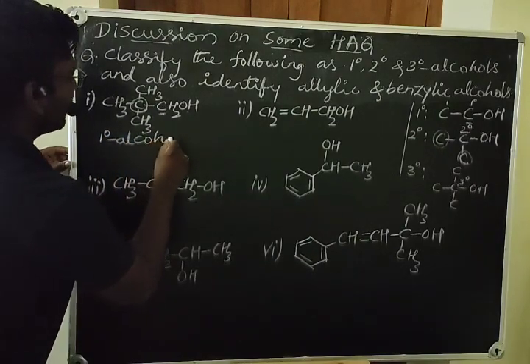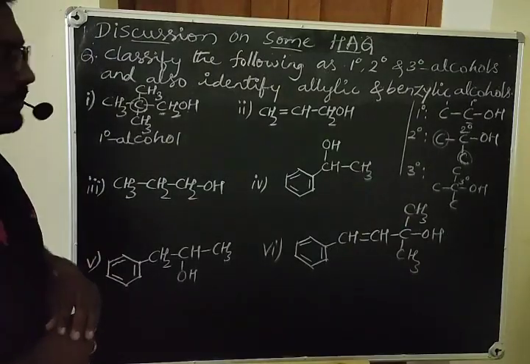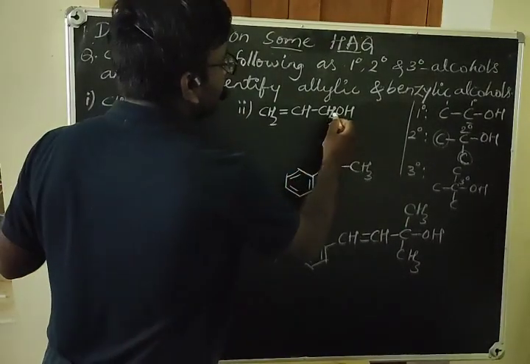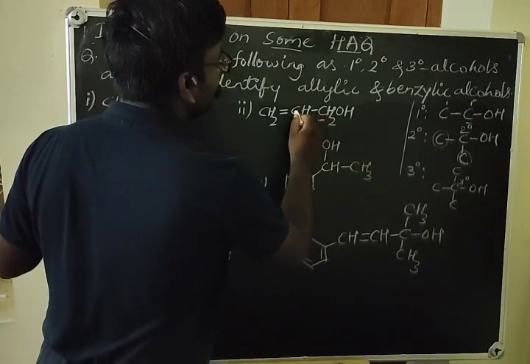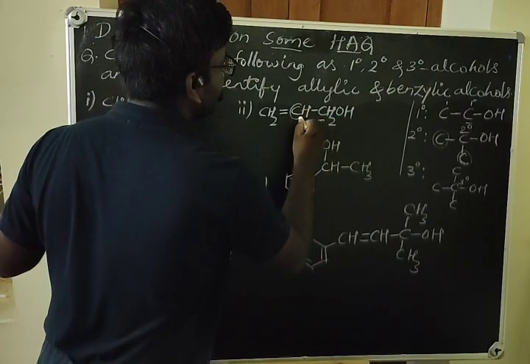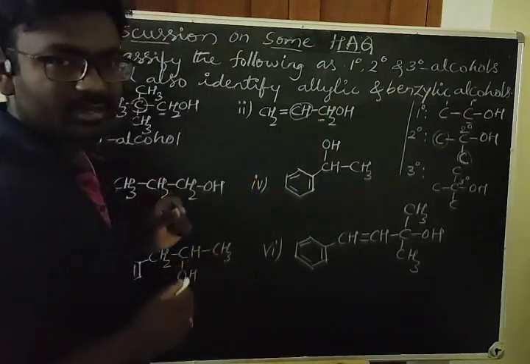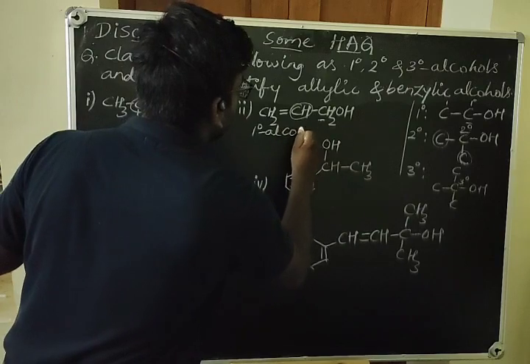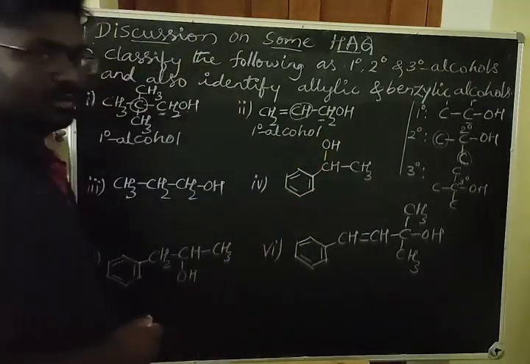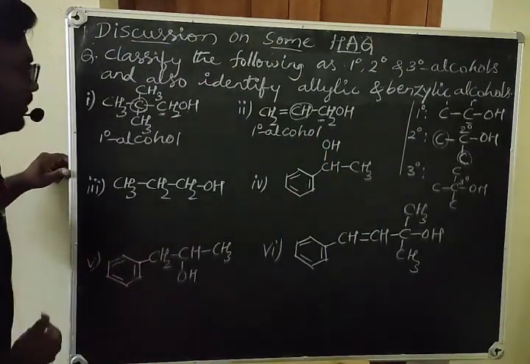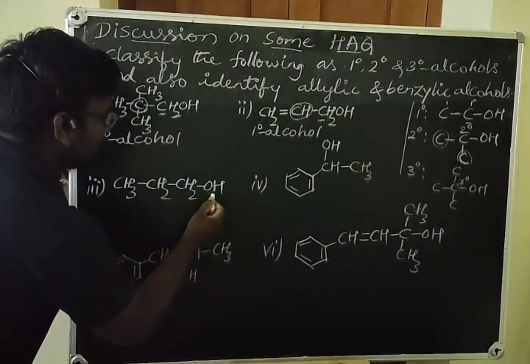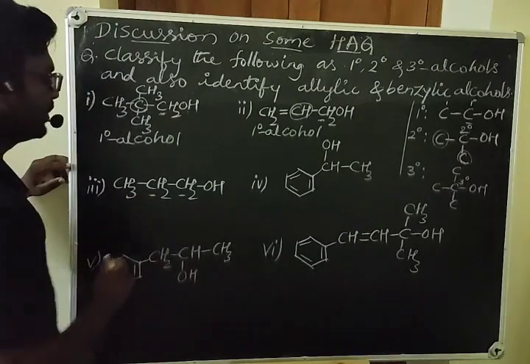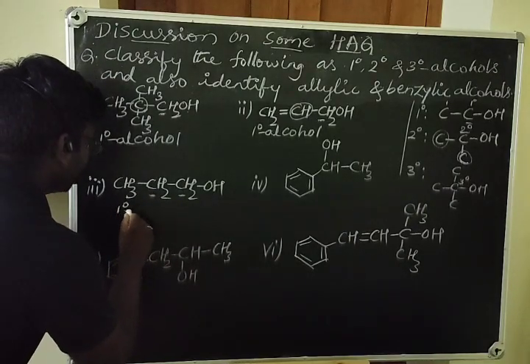Similarly, in this compound, the OH containing carbon is linked to only one other carbon. Therefore, it is also a primary alcohol. Come to the next compound. Here the OH containing carbon is linked to only one other carbon. Therefore, it is also a primary alcohol.